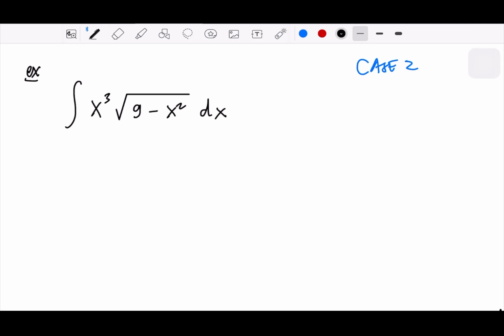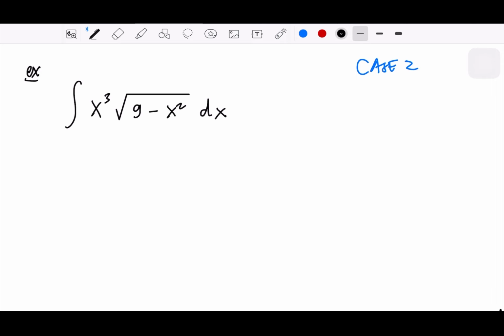It would be easy if we switch the cube and square, right? If this is x squared and this is x cubed, we can substitute this inside here and get the result immediately. But now the cube is here, so even if we substitute, we are not going to cancel anything. So this is where we need the other trigonometric substitution.